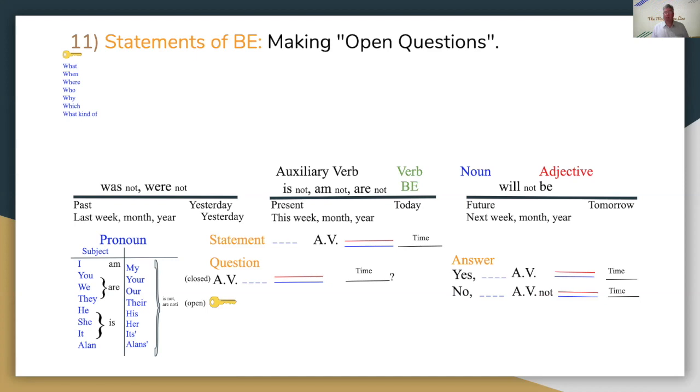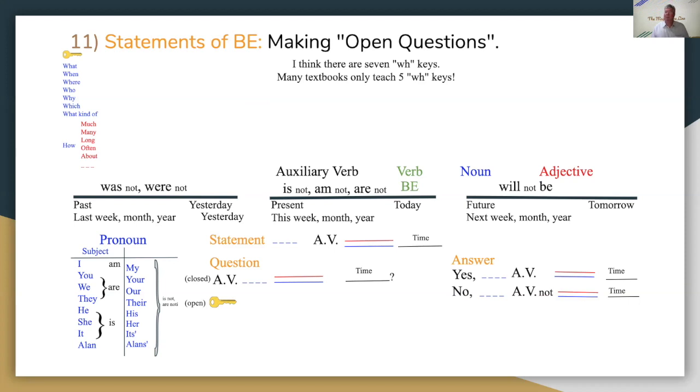Probably at school, your teacher told you there are 5 W and 1 H. Well, I don't agree. I think there are 7 W. And we need to practice using them. The other one is H: how much, how many, how long, how often, how about.